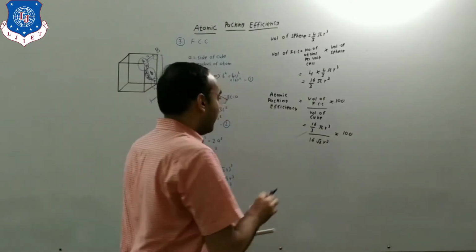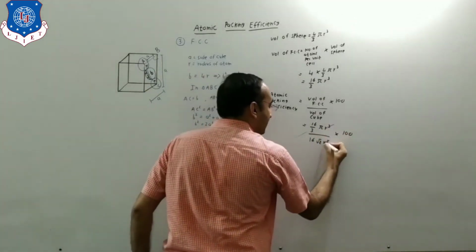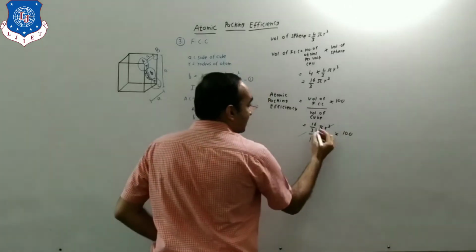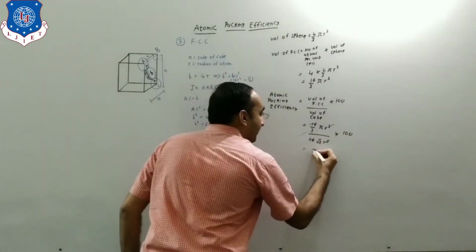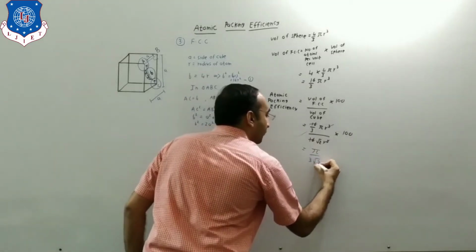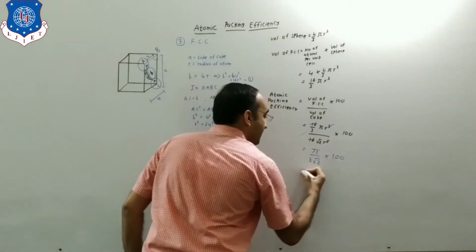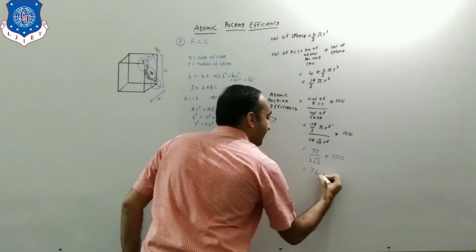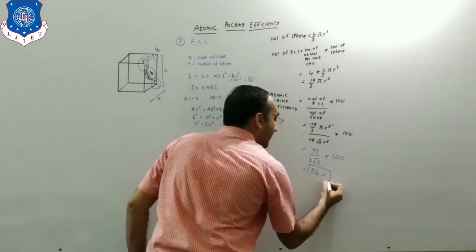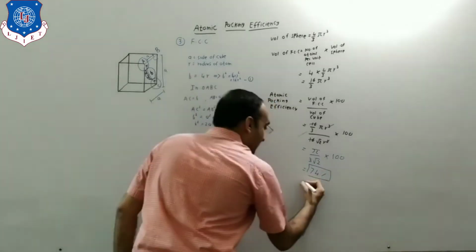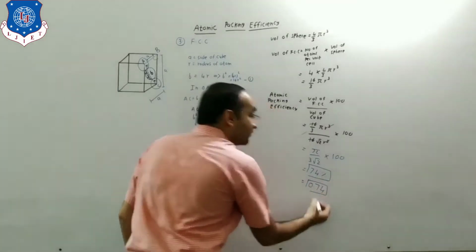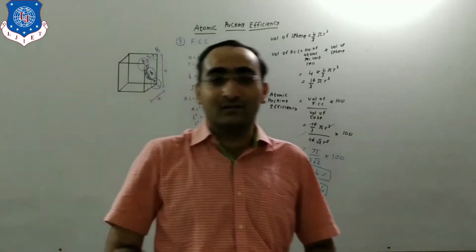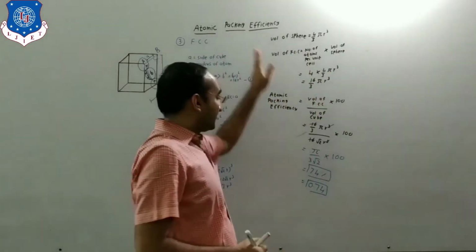Clear? So what will happen? This R cube cancels and this 16 cancels. What is left is pi divided by 3 root 2 multiplied by 100, which is equal to 74%. And the factor will be 0.74.